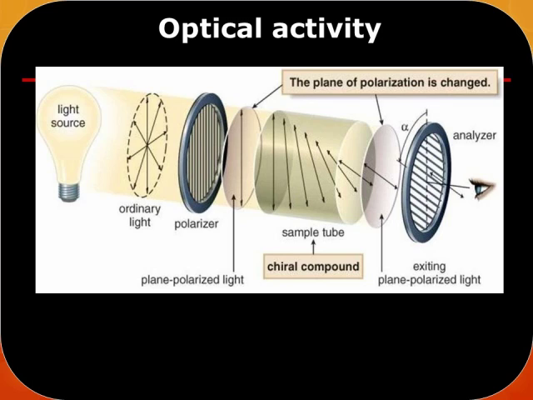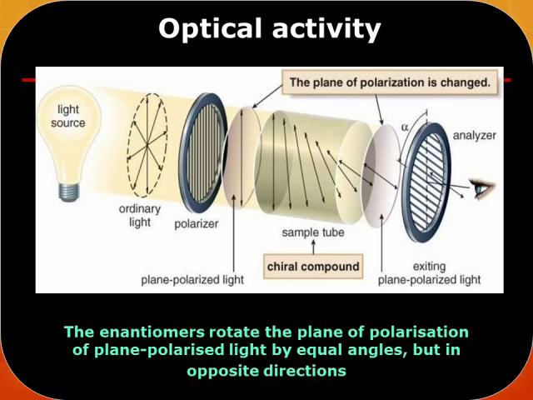As you can see, when the light leaves the plane of polarization, it slightly changes direction and comes out as exiting plane polarized light, which is analyzed by an analyzer. What happens to the enantiomers? What do they do with the plane of polarization? We will see. The enantiomers rotate the plane of polarization of plane polarized light by equal angles.